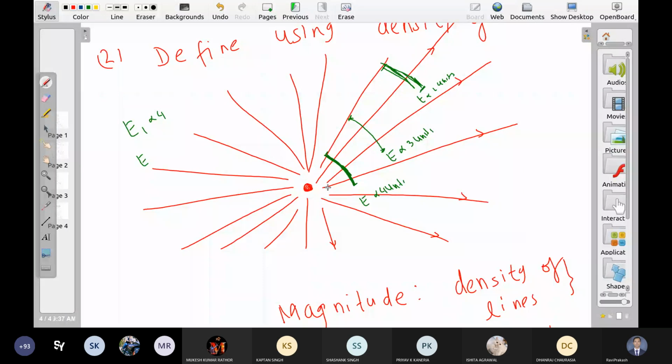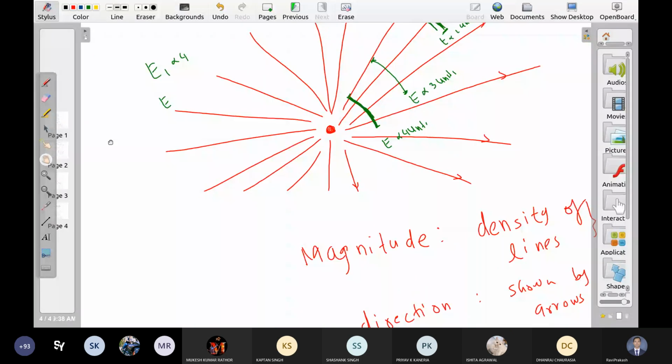By the way, what is the behavior of electric field in a 2D diagram using this figure? I mean, how many lines will I see with respect to distance from the center? Number of lines and distance from center.